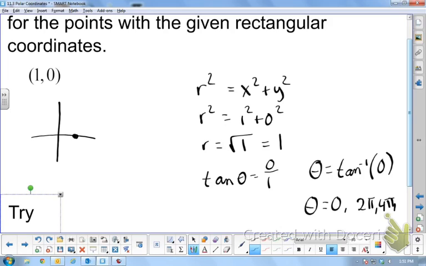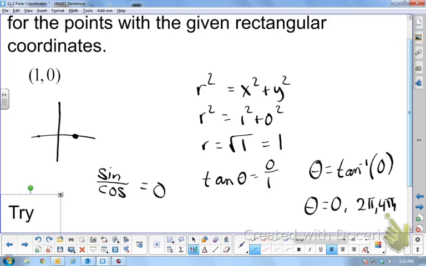Tangent is sine over cosine, right? Sine over cosine is 0, so really we just need to know where sine is 0. Sine is 0 here, and sine is 0 here.